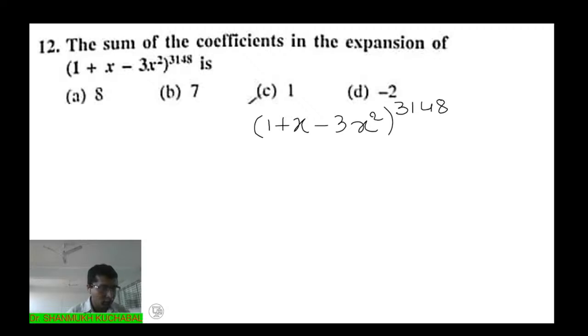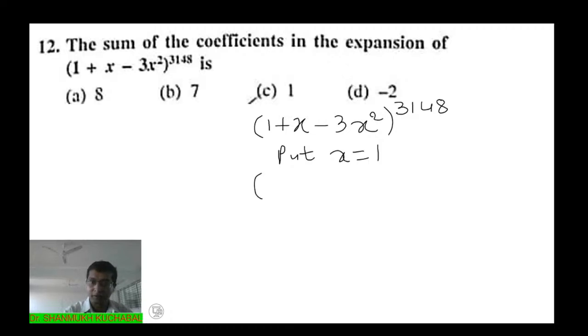See, the sum of the coefficients we have to obtain. So very simple, we have to put x equal to 1 here.